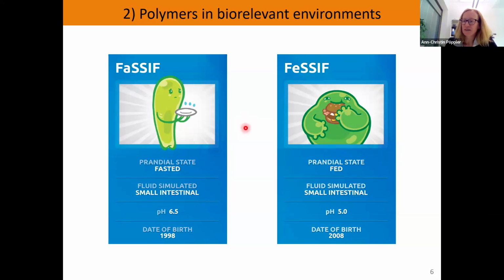And this makes it very attractive because we can use in vitro tools to predict already behavior in vivo. And we can, for example, use this to get information on how well different drugs would dissolve in the intestinal fluids and how additional components, excipients, polymers, etc., would influence this dissolution process and would then later also influence bioavailability.